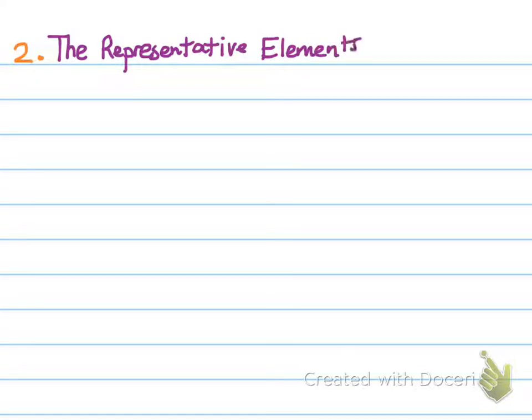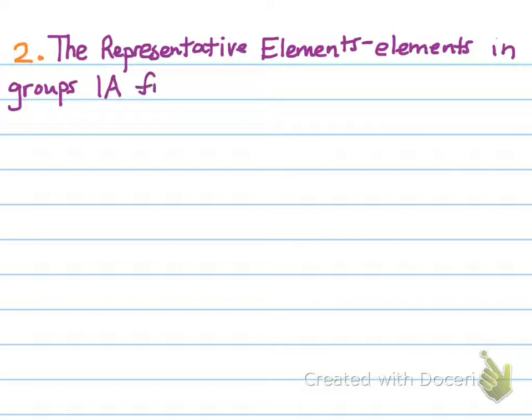So continuing to talk about our elements according to their electron configurations, next we're going to talk about the representative elements. These are the elements in groups 1A through 7A.